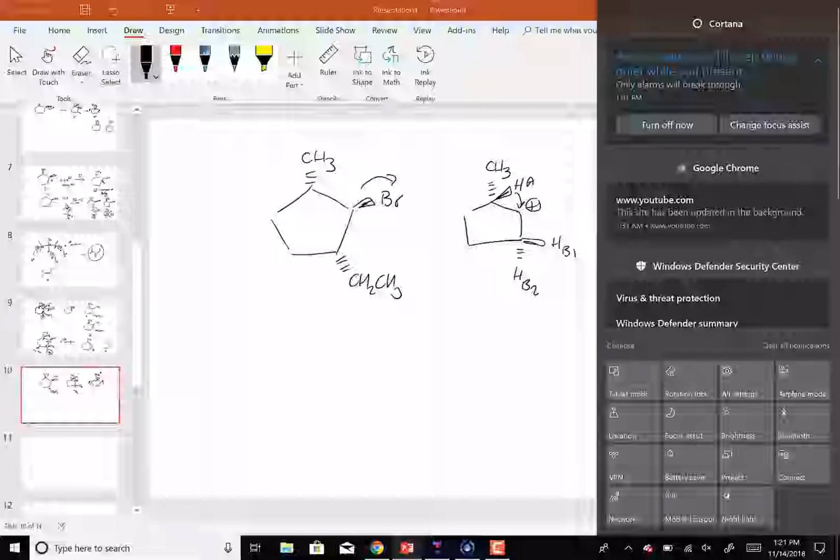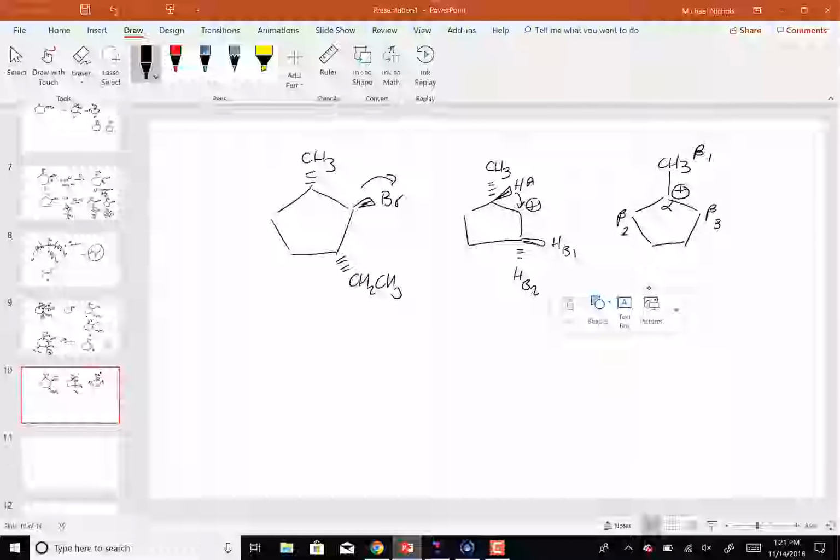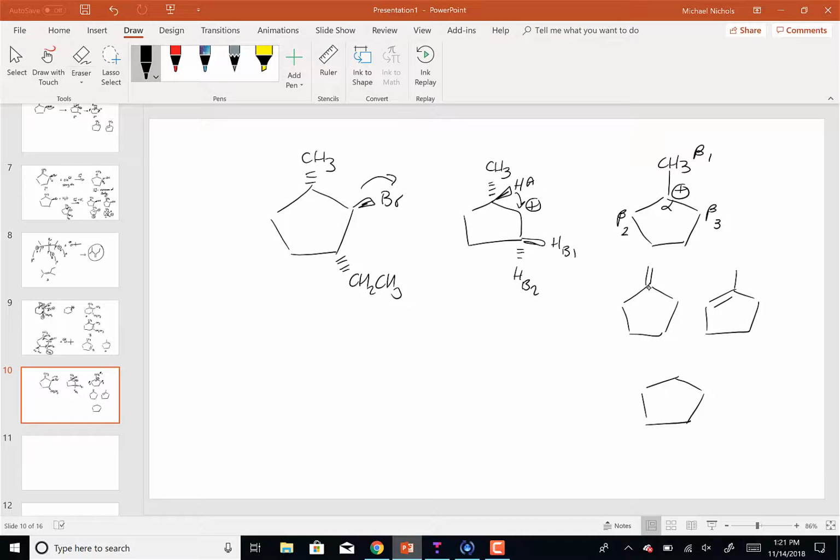So here's the products. The product would be 1, 2, and 3.